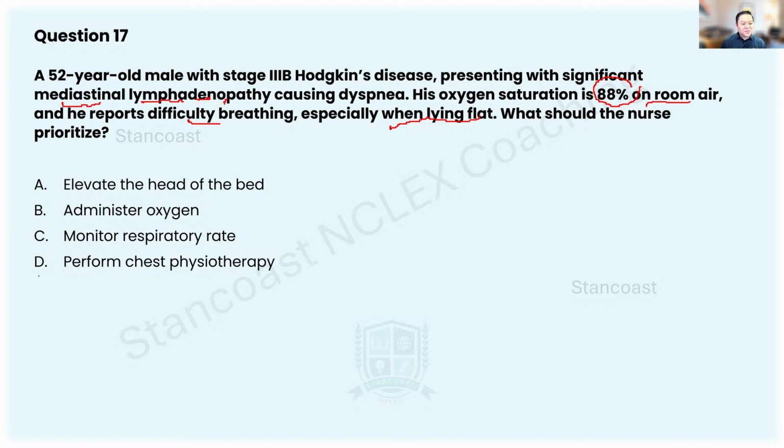Perform chest physiotherapy. Okay, what is this? Performing chest physiotherapy is not going to be indicated for a mediastinal compression. Not indicated. Yeah, it can cause more dyspnea.